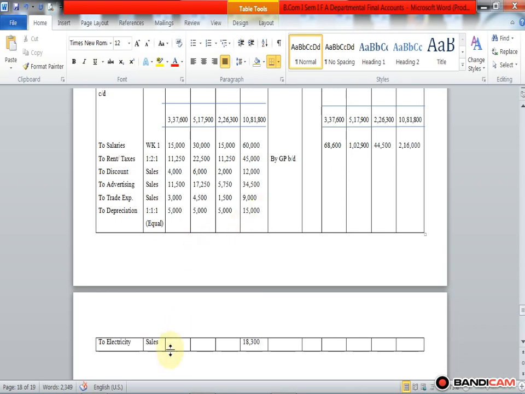Okay, so for department H it amounted to rupees 6,100, for department M 12,000.